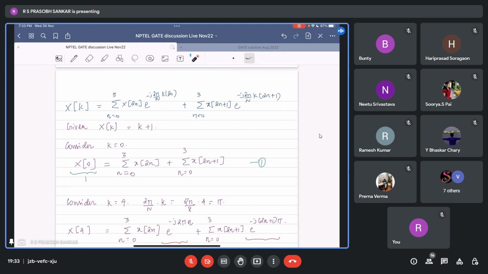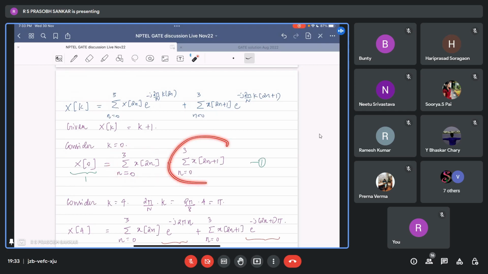So how do we do that? We can substitute certain values of k here. What happens if we put k equal to 0? I'll be getting x of 0, which is summation n equal to 0 to 3 x of 2n plus summation n equal to 0 to 3 x of 2n plus 1. Why did I keep k equal to 0? That is to get these two expressions.